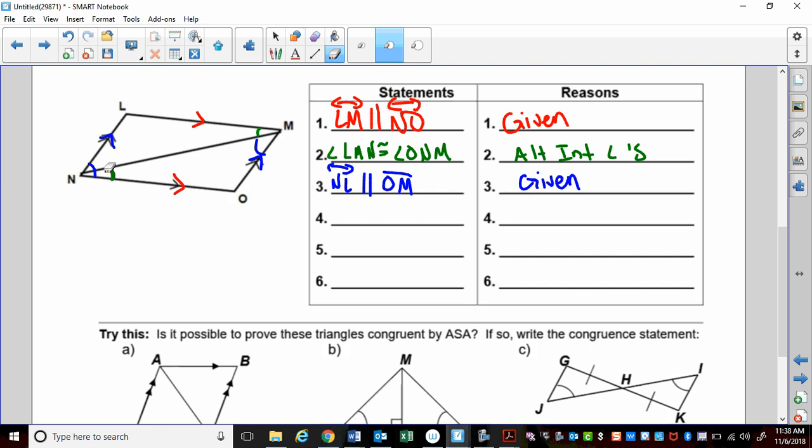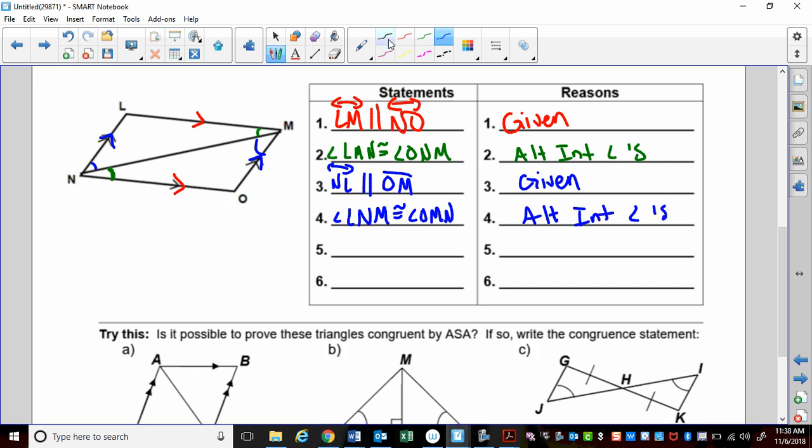This one is just the top part of N. That's why we have to name it with 3 letters. The top part of N is LNM. Is congruent to the bottom part of M, which is OMN. Because these are also alternating interior angles.